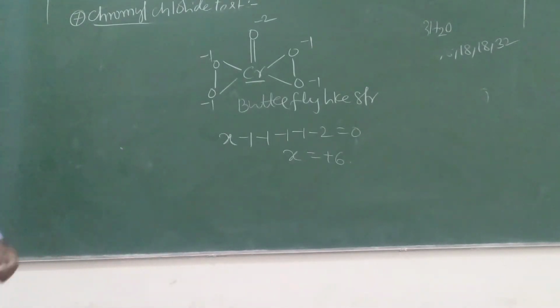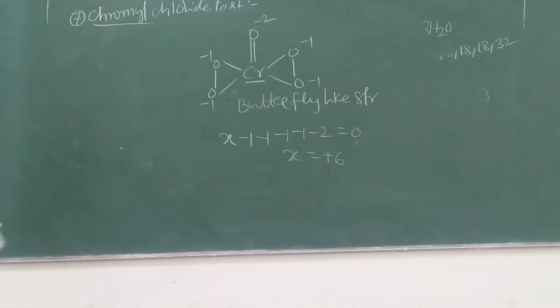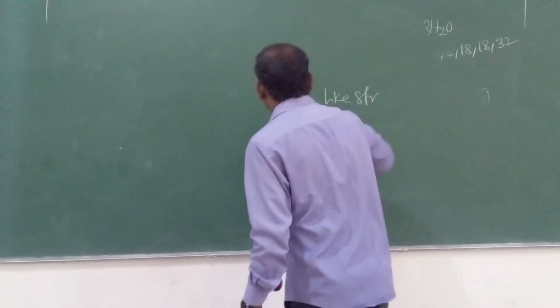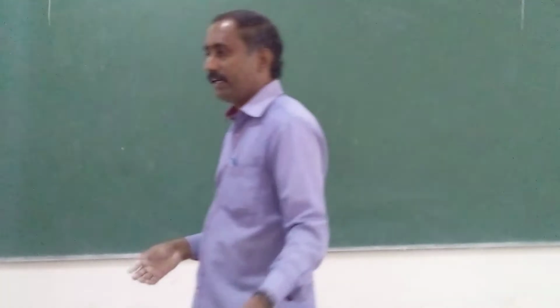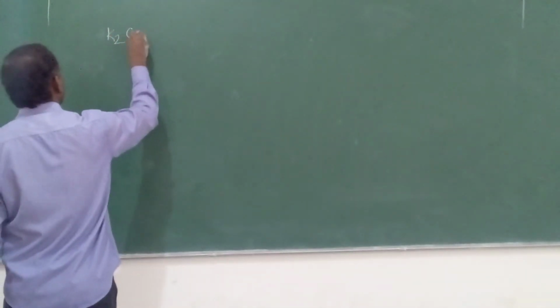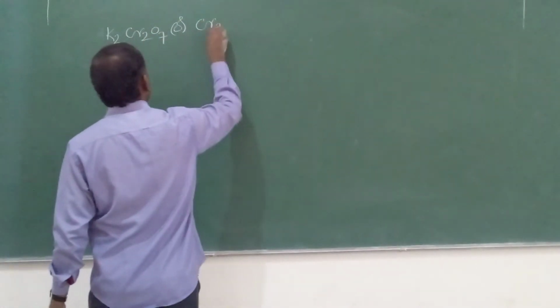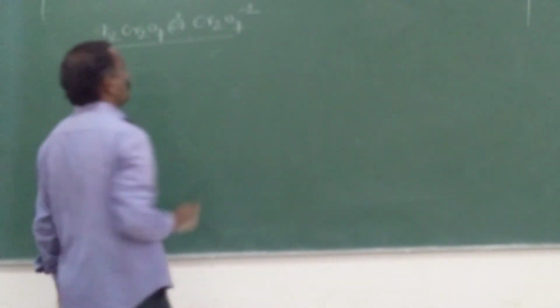Next, put a side heading: structure of potassium dichromate. In the running notes, K2Cr2O7 or Cr2O7 2-.